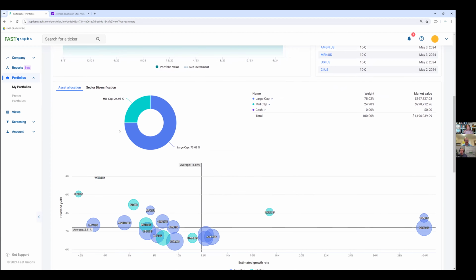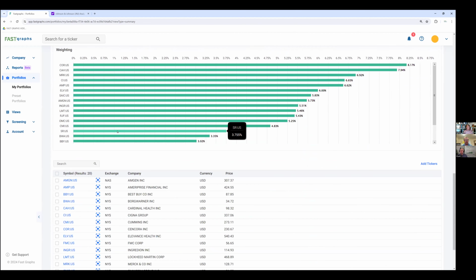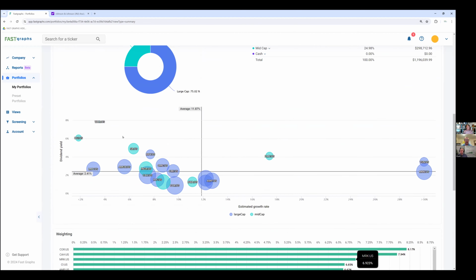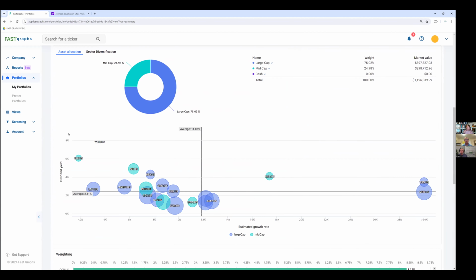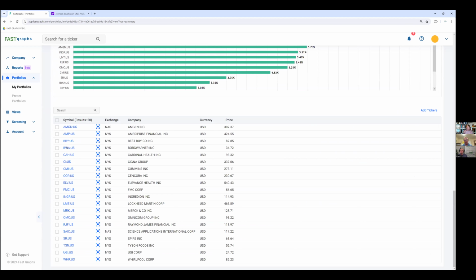We're also working on a new screening tool, which I don't have any announcement in terms of when that will be released yet, but it'll actually allow you to compare metrics to other metrics. An example would be you'll be able to write a query that says the current PE is less than the 5-year normal PE.